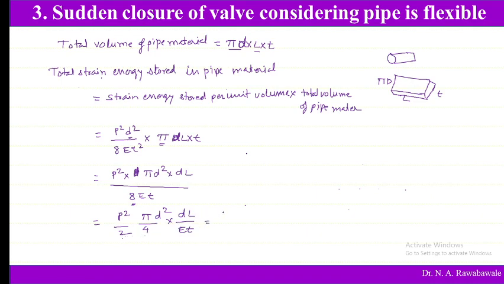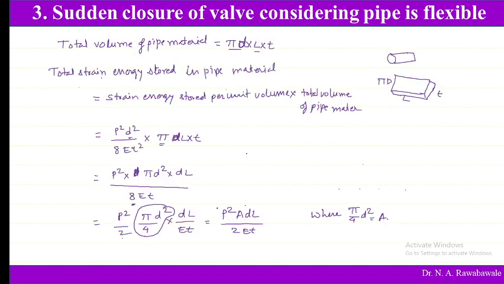Now we can write this as p square divided by, so this pi by 4 d square is taken as the area of pipe. So area A into dl divided by 2 et, where pi by 4 d square is taken as the area of pipe. Now, loss of kinetic energy of water that we can see here.